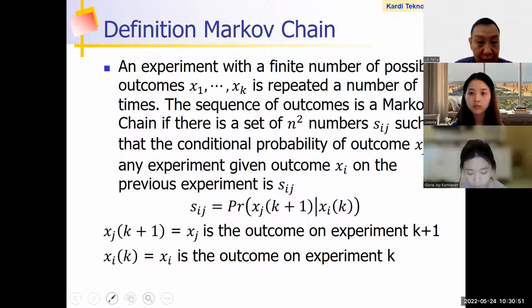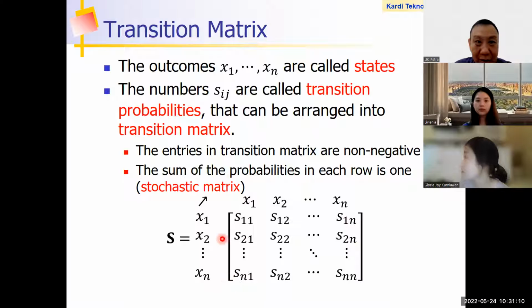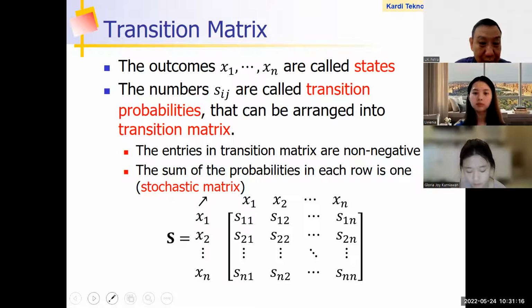I already explained everything. Here S is the transition matrix, you have states x1 until xn, and these are the elements of the stochastic matrix, or the transition matrix. Clear or not? Just the definition.